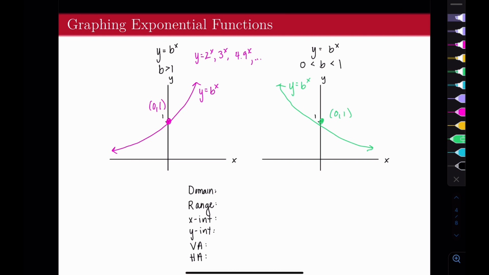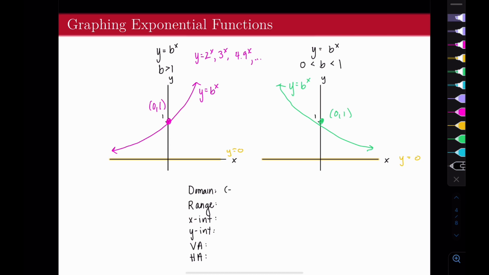So the base tells us what the shape looks like. In both of these cases, we hug the x-axis, which is that line y equals 0. So all of the properties for these are the same. It's just that one graph is a flipped version of the other.